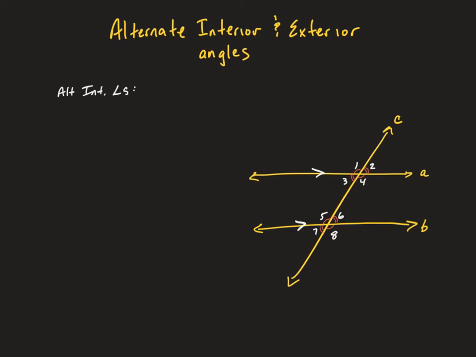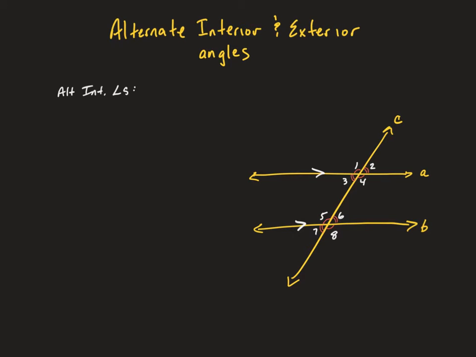And then my alternate interior angles would be 3 and 6 because they are on alternate sides of my transversal. They are inside the parallels, so alternate would be 3 and 6. 4 and 5 are alternate interior angles to each other.